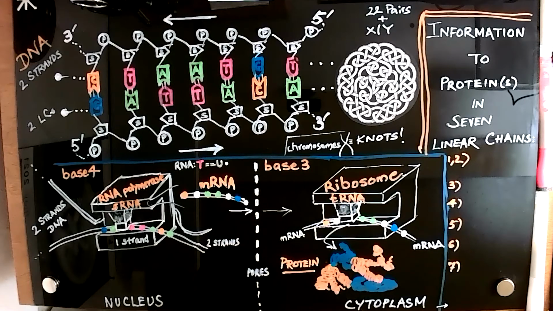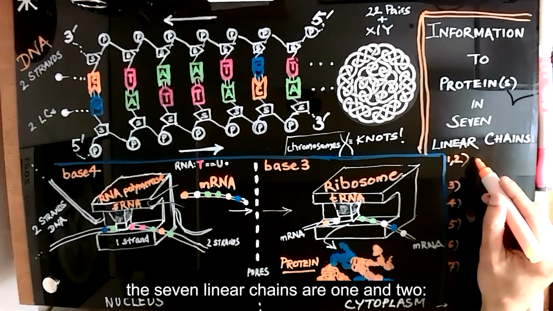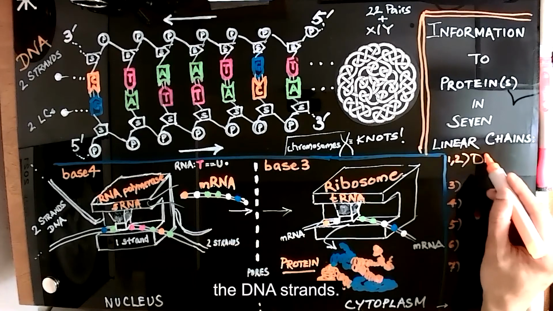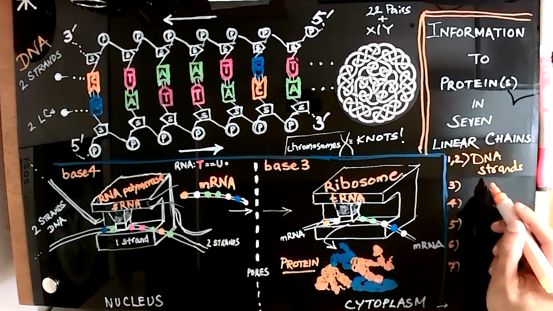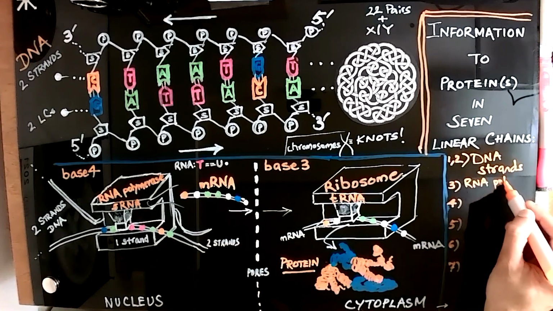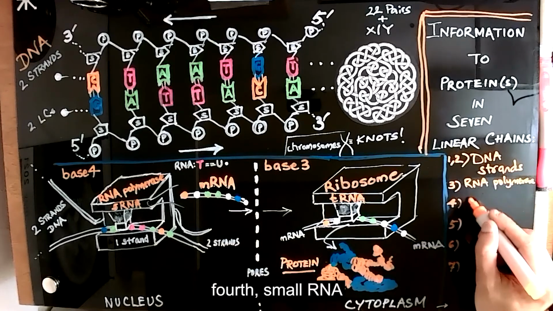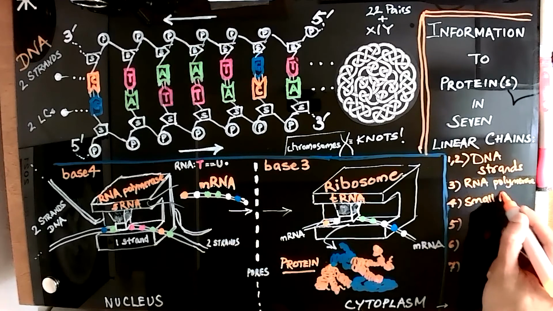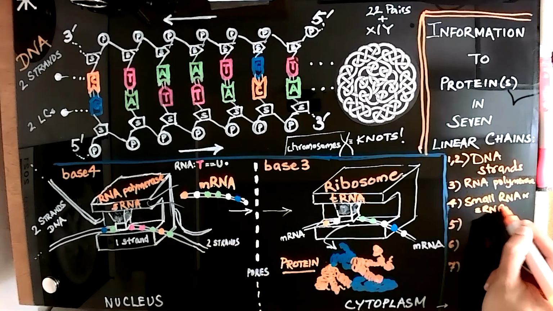In summary, the 7 linear chains are 1 and 2, the DNA strands. Third, RNA polymerase. Fourth, small RNA or sRNA.